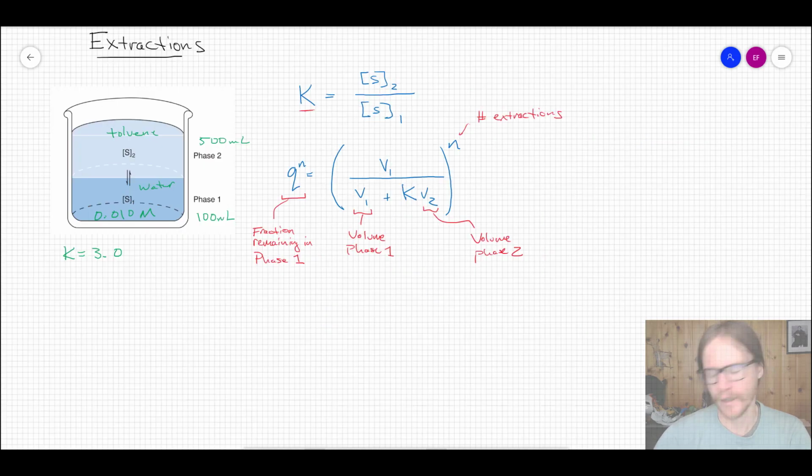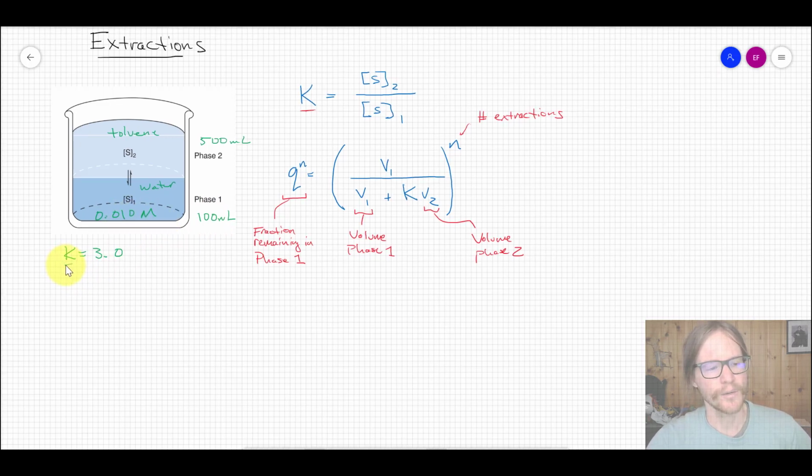All right, so let's pretend that we have a system of toluene, which is a nonpolar solvent, and water, which phase separate simply based on the differences in their polarities and densities here. So you've got toluene on the top, of which you've got about 500 mL, and then phase 1, the original phase where the species is present, is 100 mL, and we've got originally about 0.010 molar concentration, and the equilibrium constant for this separation lies towards phase 2 in that it's 3.